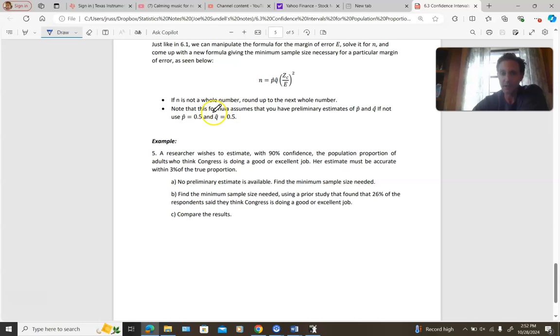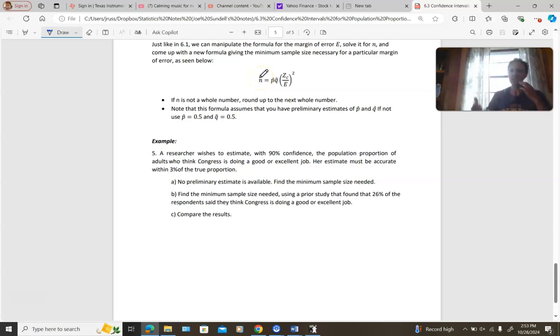Most of the time, you're going to know, but I think this is fascinating, because I don't even have to take a sample. I can specify a margin of error, use these values, and come up with a minimum sample size.